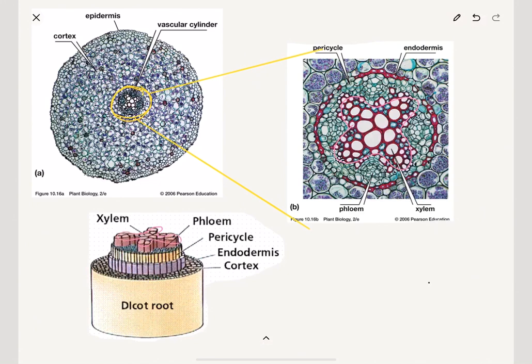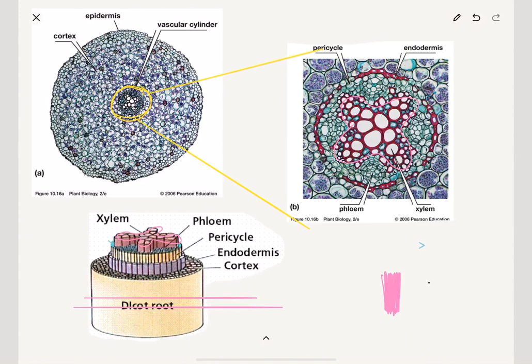We've circled the primary xylem in pink. But when we look at a longitudinal section through a root, we do not see the X or the star shape pattern formed by the primary xylem.